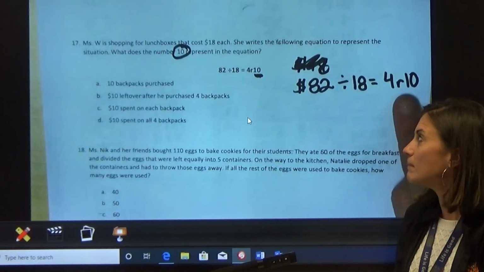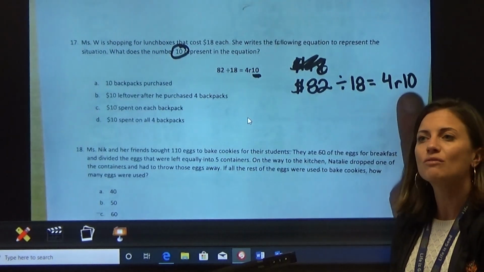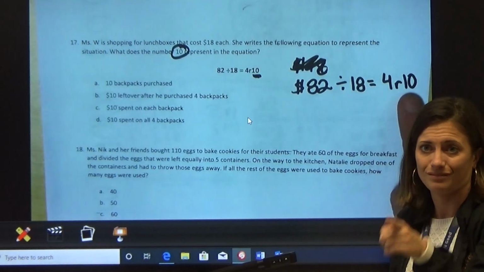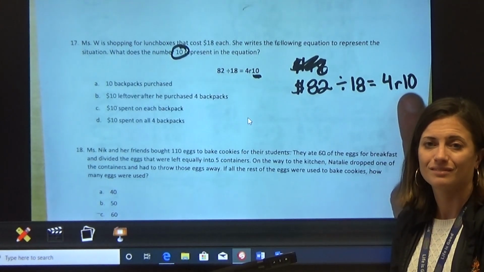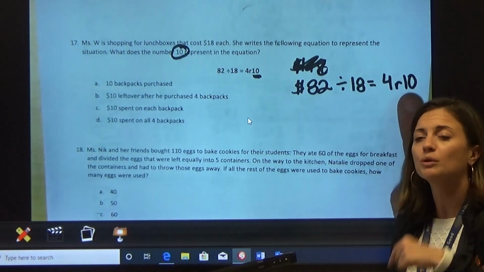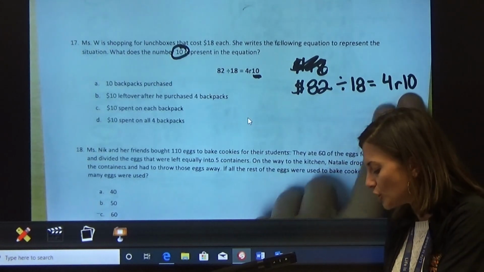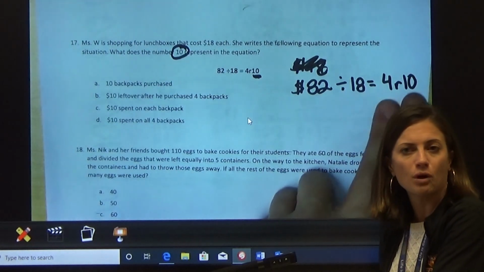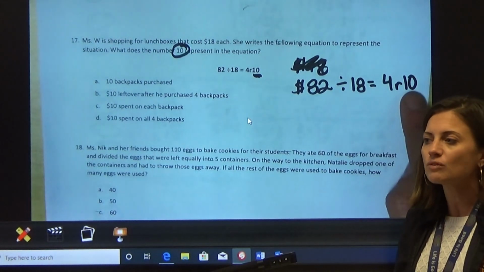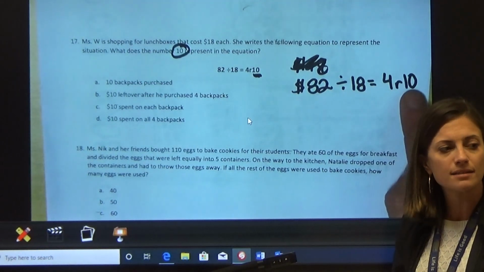But then she has a remainder of 10. So what does that remainder of 10 represent? Not quite. That's if we were checking it. We're not checking yet. I just want to know, if we figured out she can buy 4 backpacks with her money, but she has a remainder of 10, what does that remainder of 10 represent?